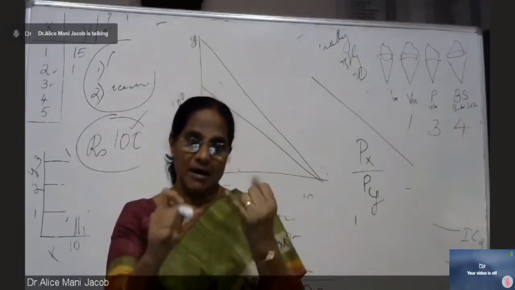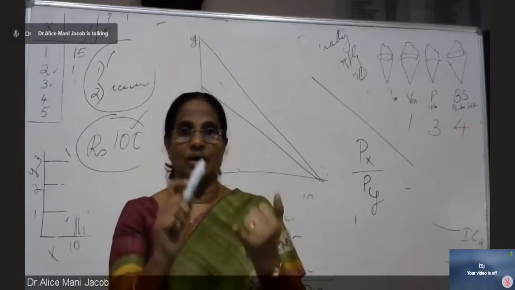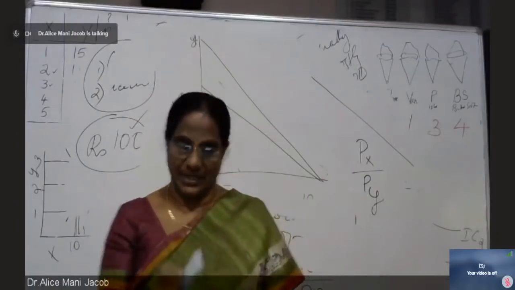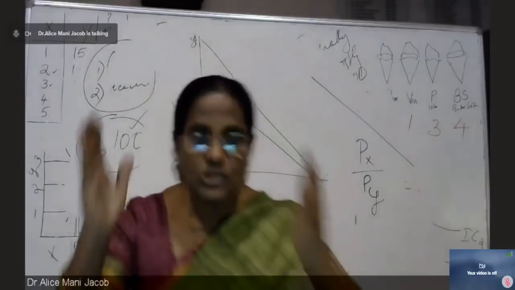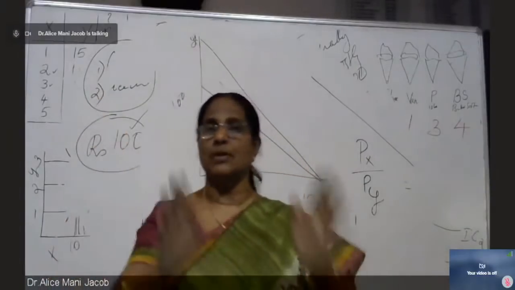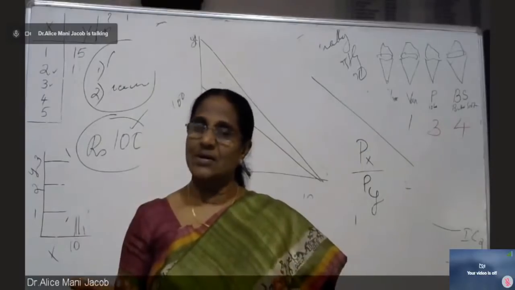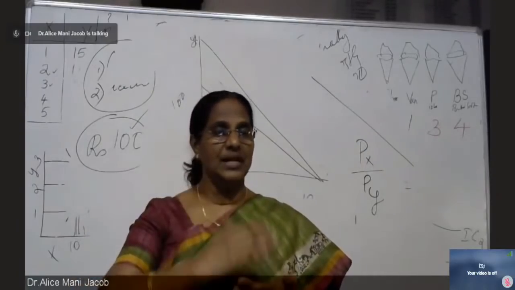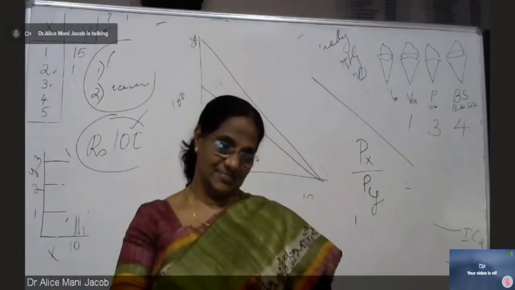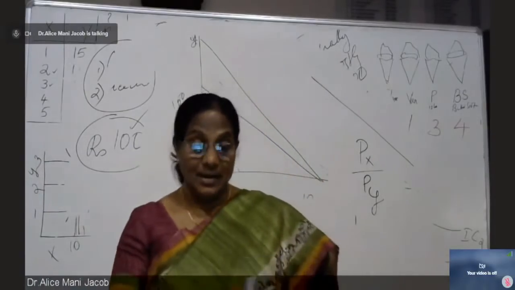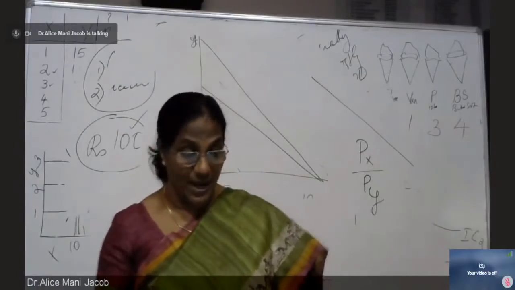I repeat, if prices change, the ratio of prices will change and so the slope will change. Suppose the prices of two goods change in the same proportion, then the slope will remain the same, but the budget line will shift left or right. No need of going that much, but that is essential for you to understand it well.